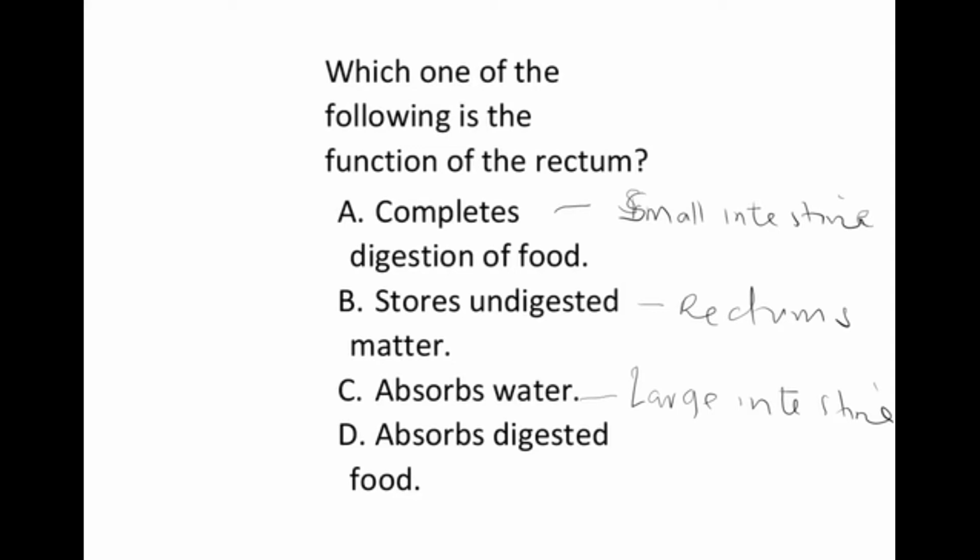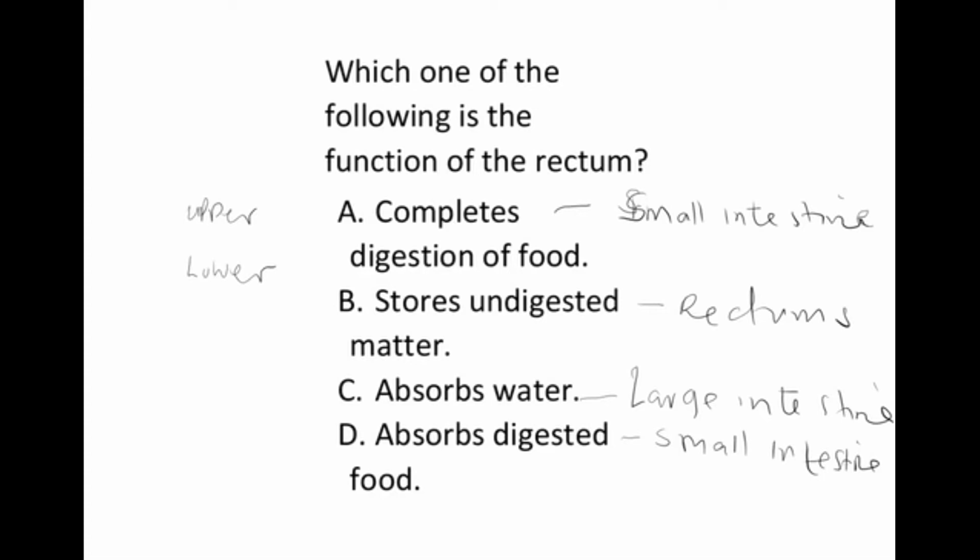Then our choice D, absorbs digested food. This one we have said is the small intestine. It is good to note that in the small intestine there is completion of digestion of food and also absorption of the digested food. The small intestine is broken into two parts: the upper and the lower.